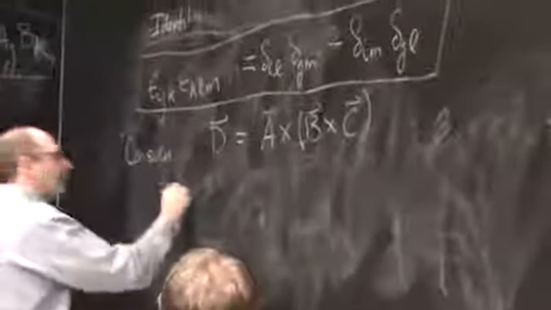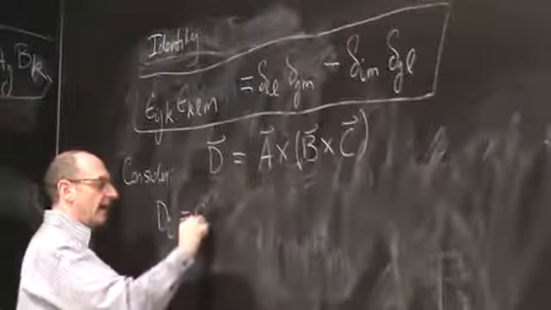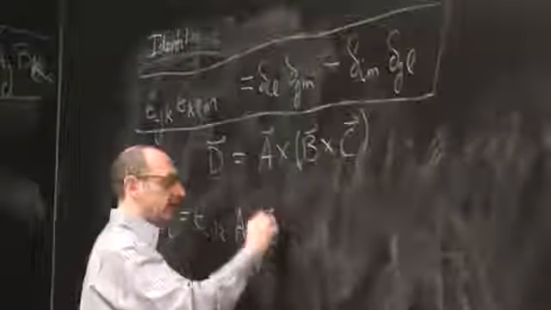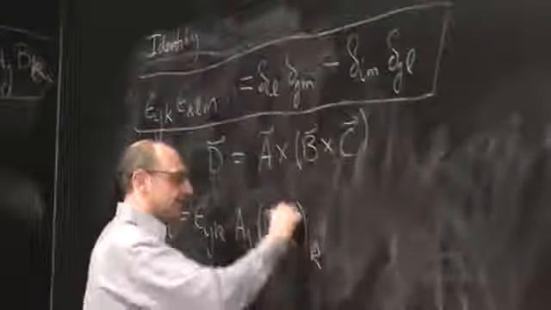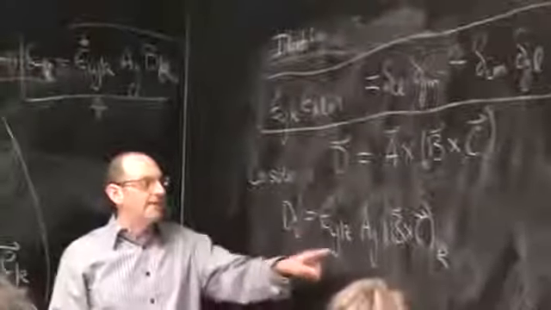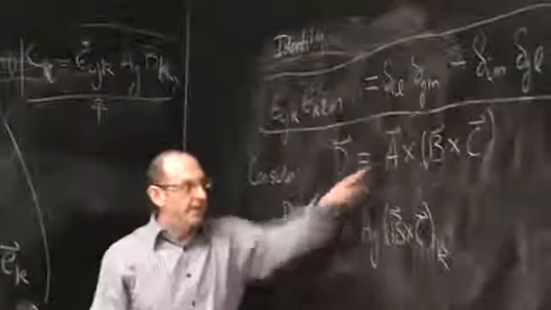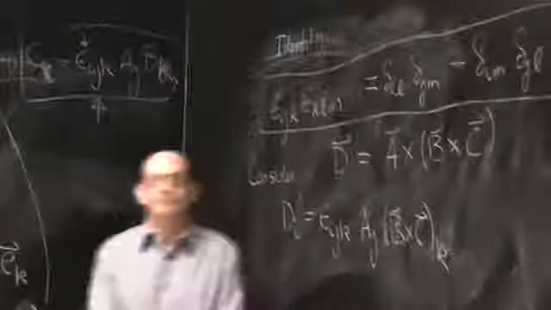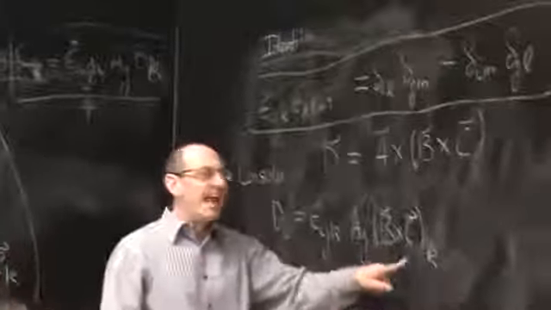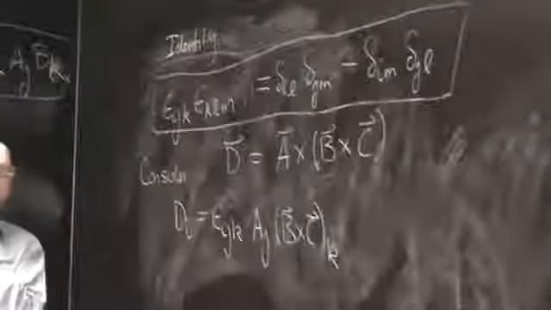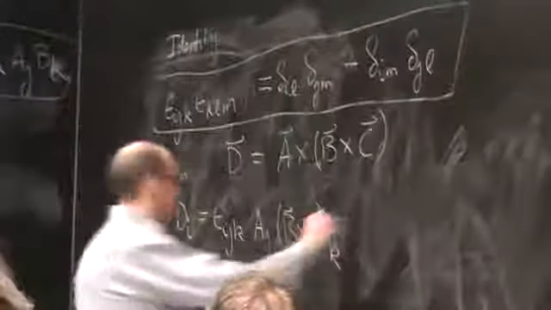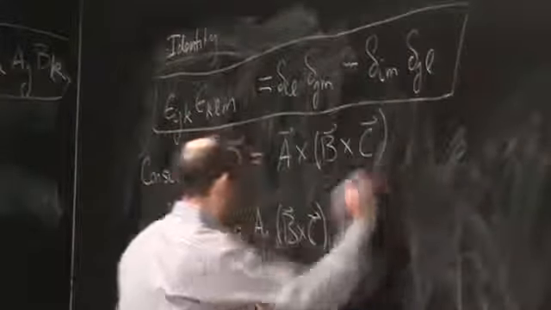I have epsilon ijk a_j times the kth component of B cross C, because that's how I got the cross product.